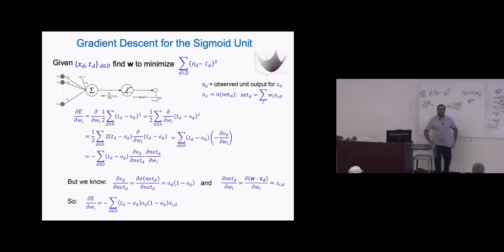What do we do in that case? Chain rule again? Chain rule. But we know net D is a function of W. So we break it down into two terms. We have learned in calculus that we can do the derivative with respect to net D and then times the derivative of net D, which depends on W.